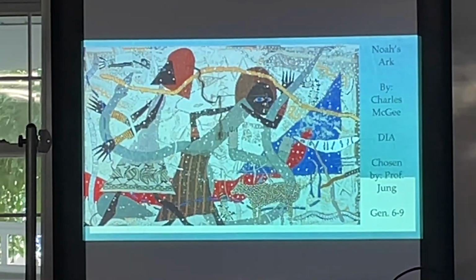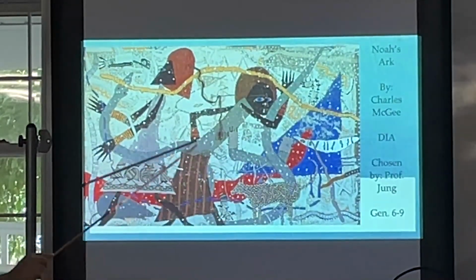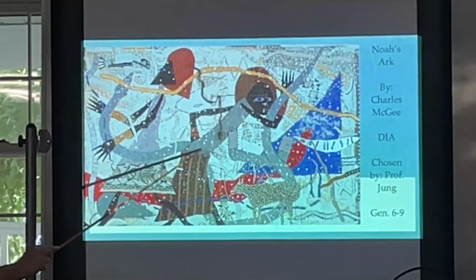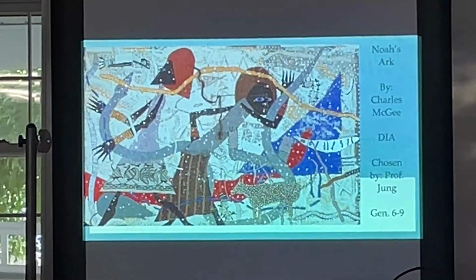You got a couple animals down there on the bottom, but it also looks like there is a serpent around the guy. There's a serpent, so sin and evil is going with them. So is this actually the ark?